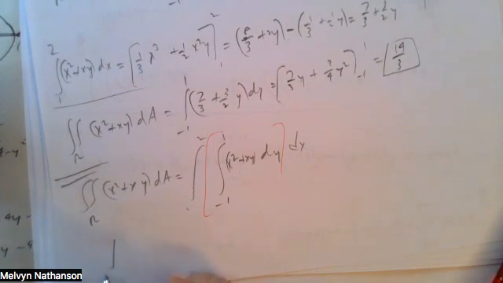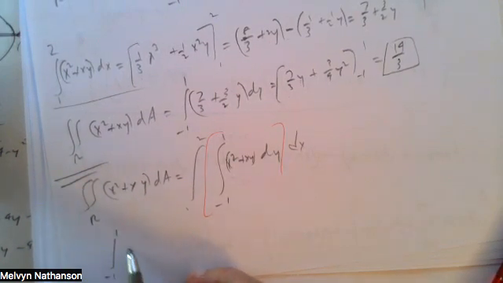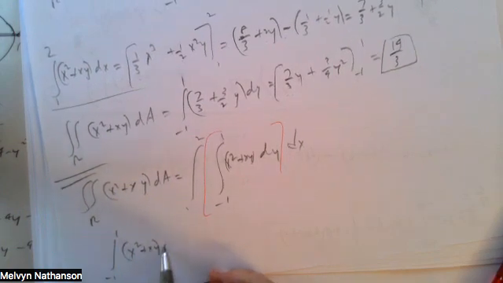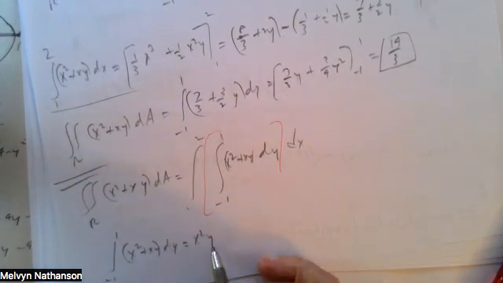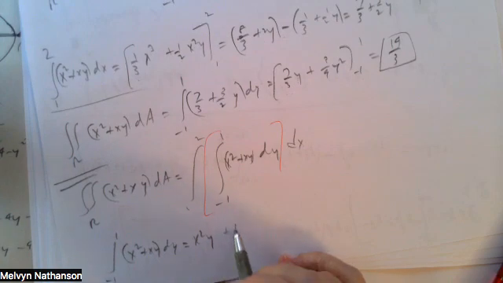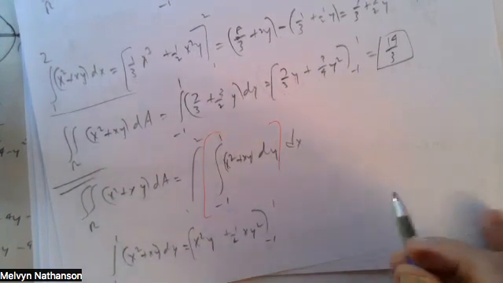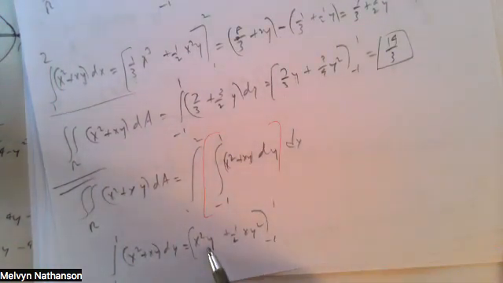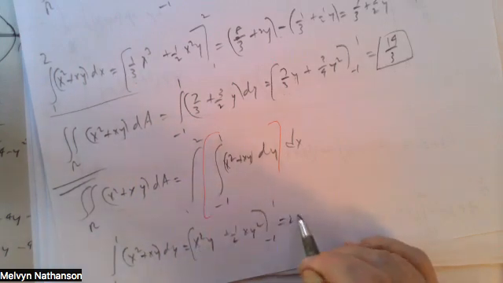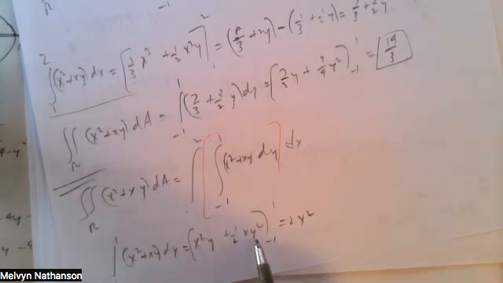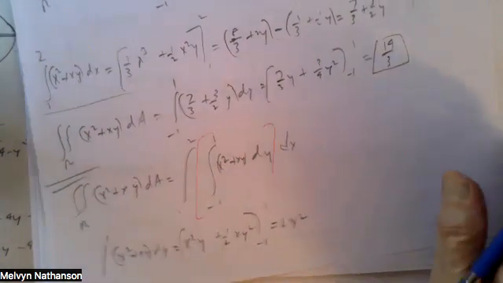The integral from -1 to 1 of x squared plus xy dy is x squared y plus a half xy squared, evaluated from -1 to 1. When y is 1, I get x squared. When y is -1, I get minus x squared, so I get x squared minus x squared. That's 2x squared. Here, when y is plus or minus 1, I get the same thing. I get a half x minus a half x. So this inside integral is just 2x squared.